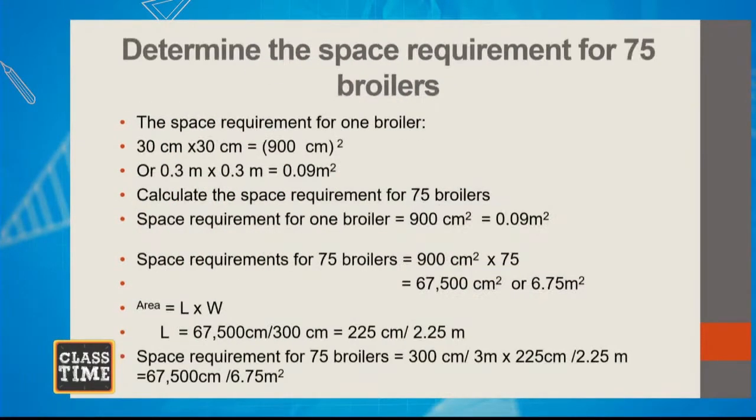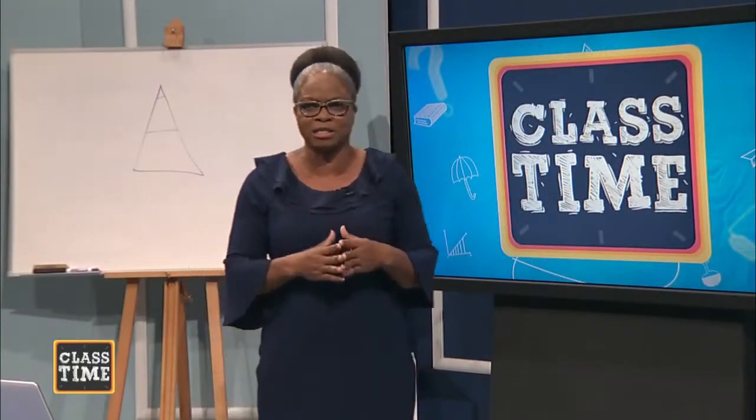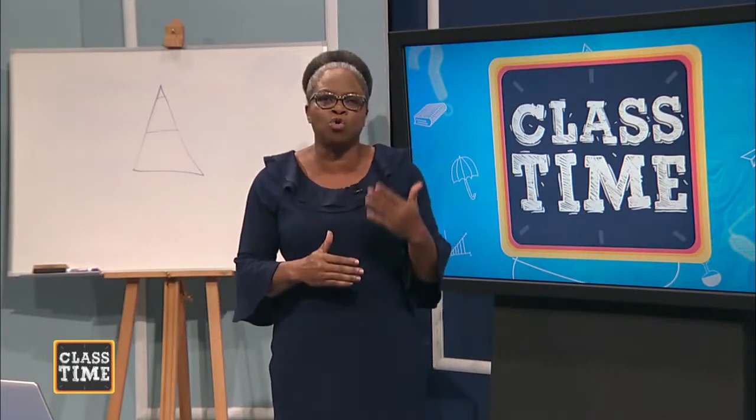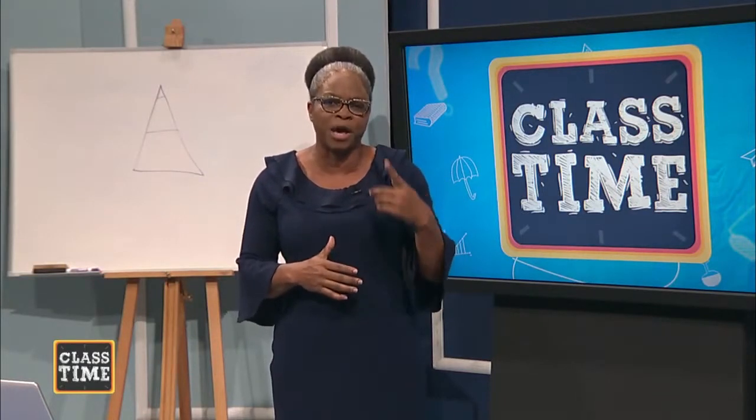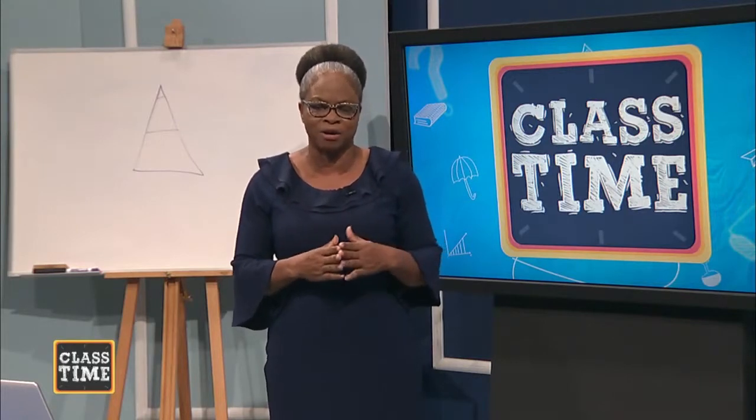Good? Now, there's something that we need to work out, students, and you must do this for your CSEC examination. You need to know how to work out the space requirement for broilers as well as layers.